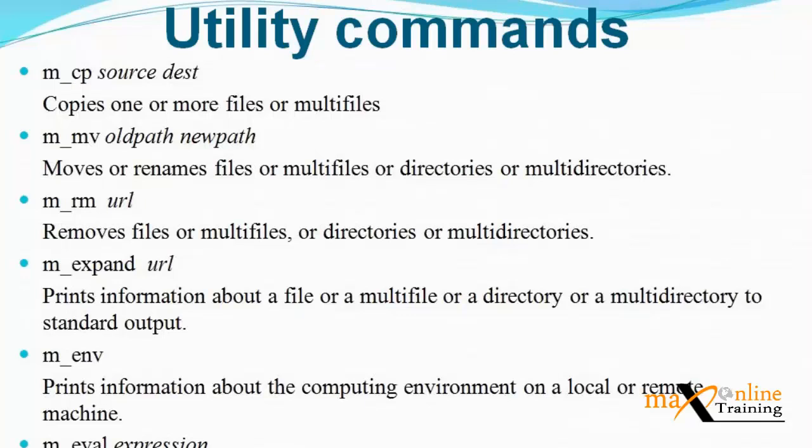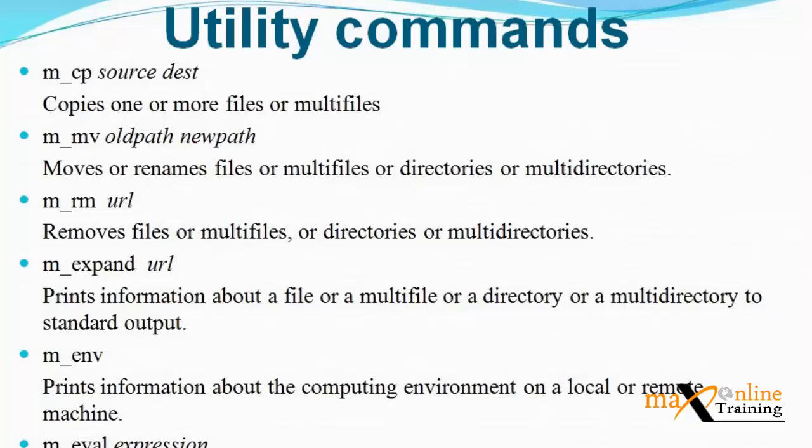It prints information about a file or a multi-file to standard output. If you issue m_expand and then the control URL, you can get the listing of the data partitions, where the data partitions are. In the recent version you can view the data from the multi-file directly using the m_cat command.